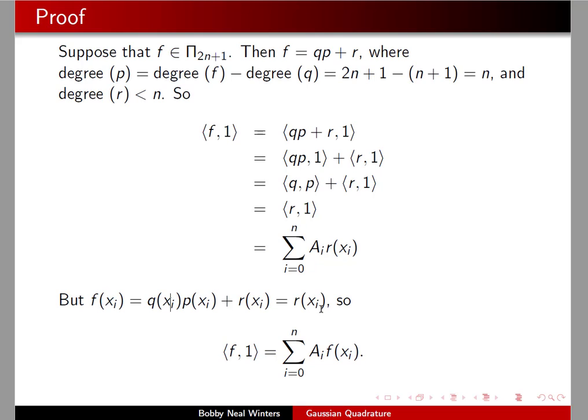We're left with r_i. So my r evaluated at x_i is equal to my f evaluated at x_i. And so I get this formula dead on accurate right there. This is amazing. We'll take a look and see how this looks in application.